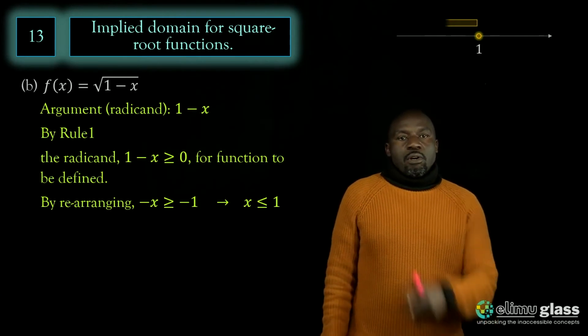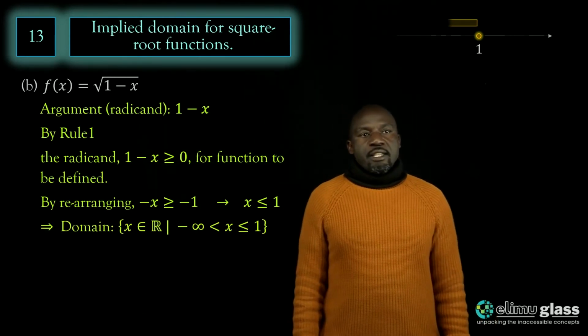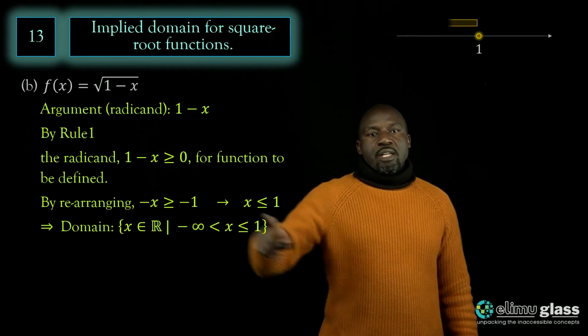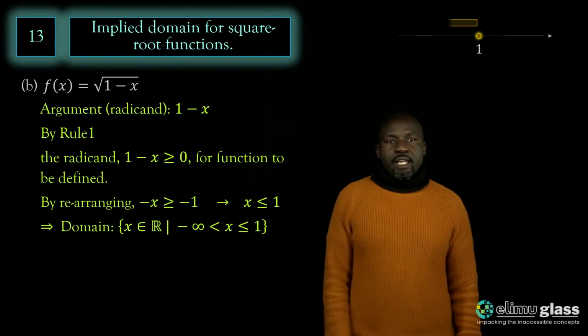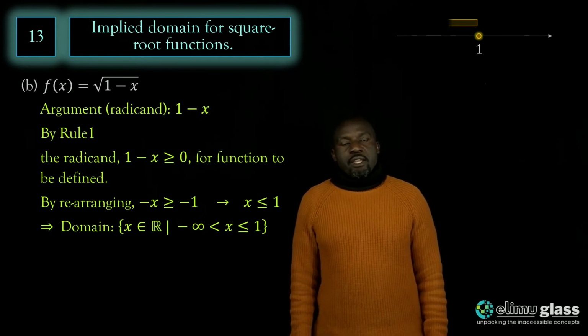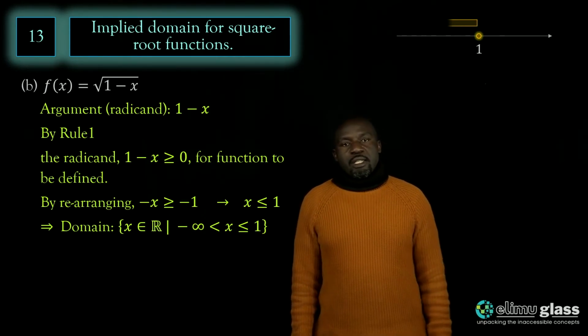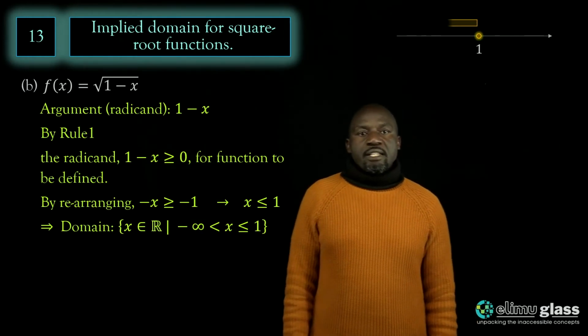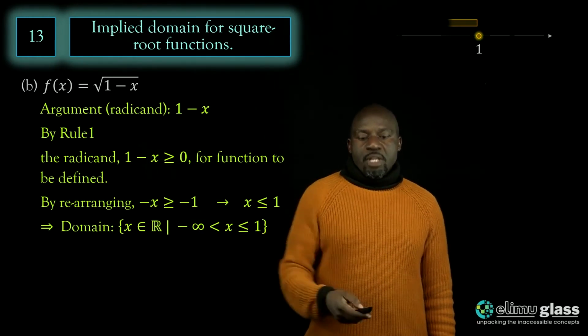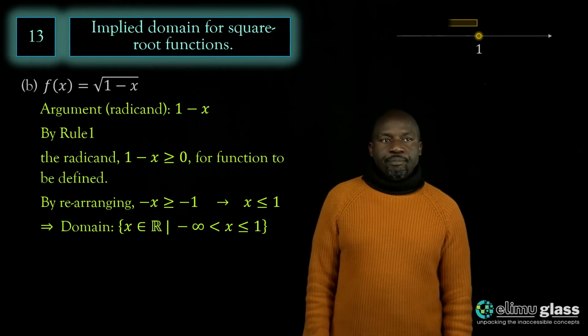So the domain then must be less than or equal to 1, and greater than negative infinity. In the same way that we did the other one, this is then the domain of the square root of 1 minus x. This would be our implied domain.